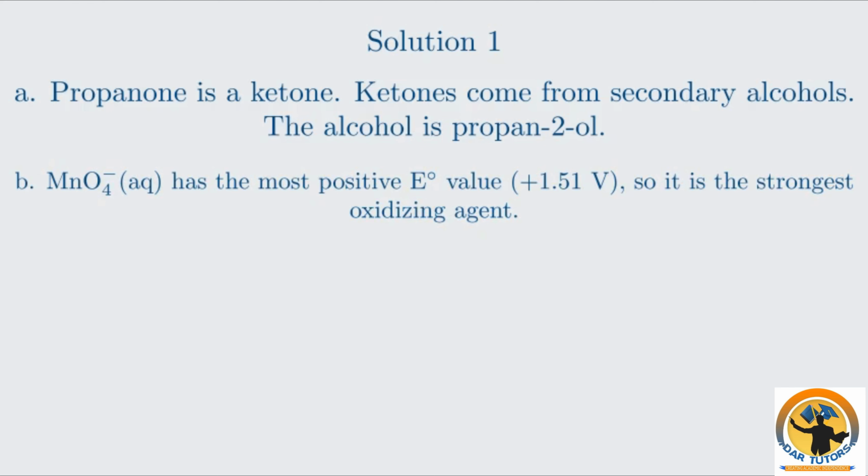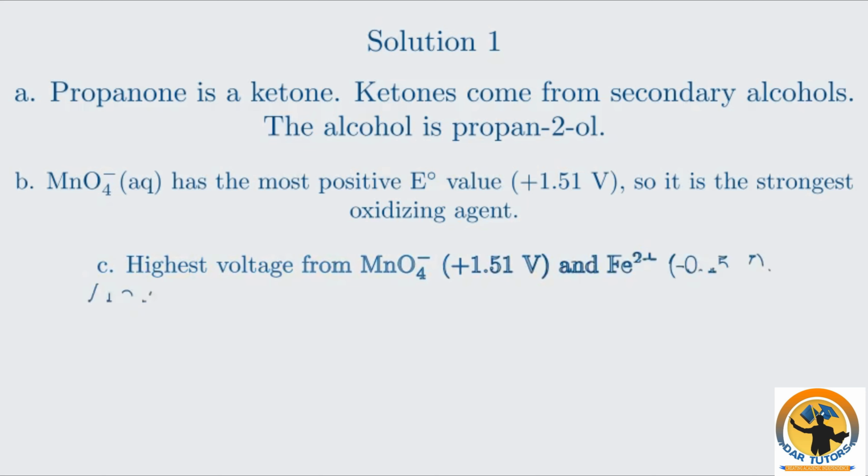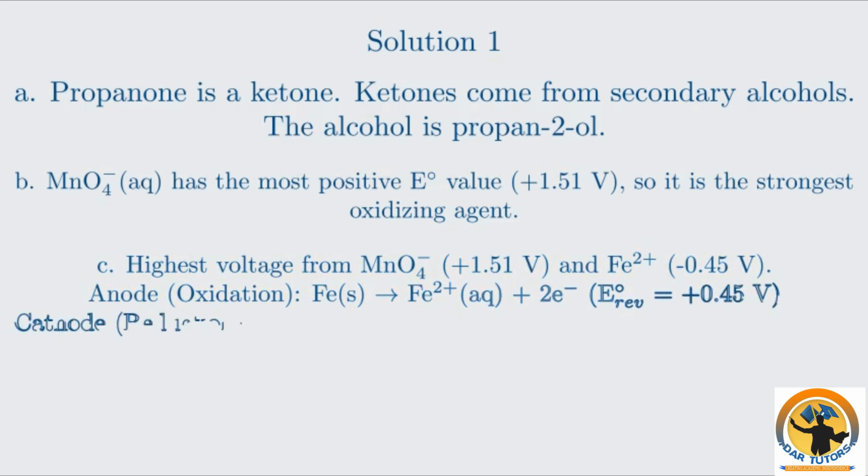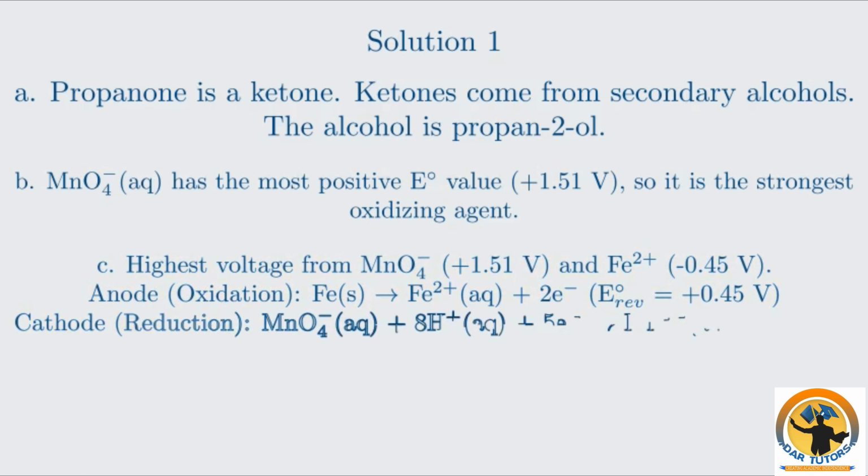For Part C, to get the maximum voltage, we need the largest difference in E0 values. This would be the permanganate half cell at plus 1.51 volts and the iron half cell at minus 0.45 volts. The higher E0 value will be the reduction, and the lower E0 value will be the oxidation. So permanganate ions are reduced to manganese II ions at the cathode.